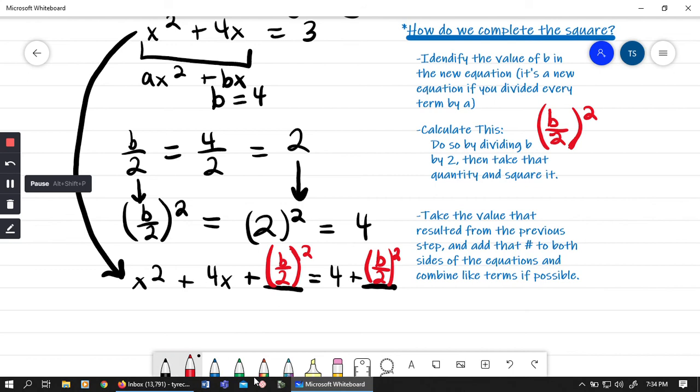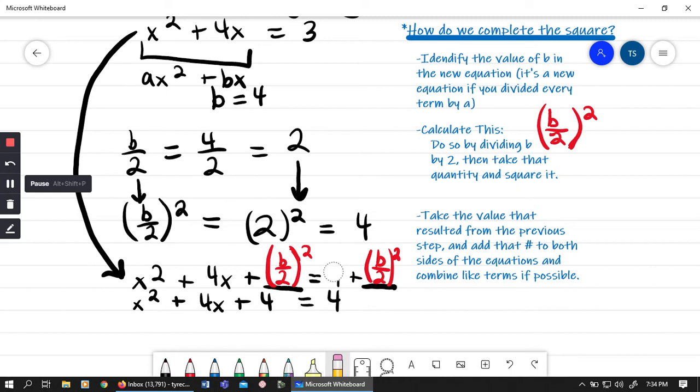So let's go ahead and rewrite this. Again, we're adding that number 4 to both sides of the equal sign. X squared plus 4x plus 4 equals 4. Oh, wait a minute. Hold on. I'm sorry, I wrote the wrong number here. I'm glad I saw that.